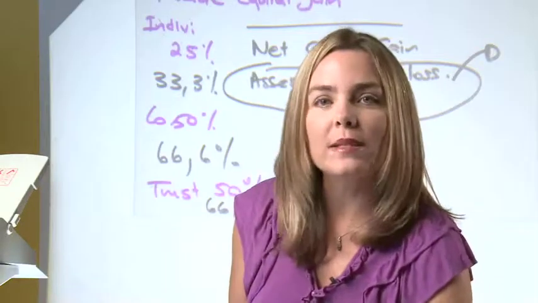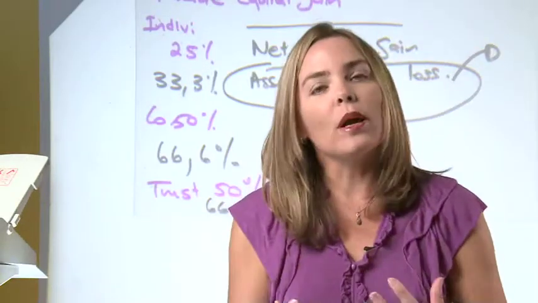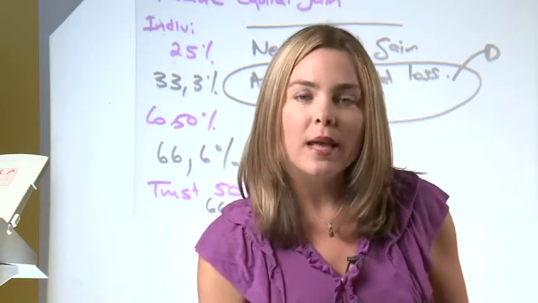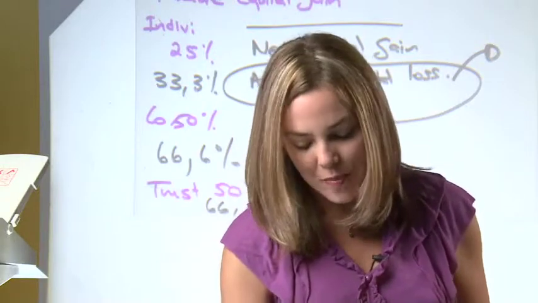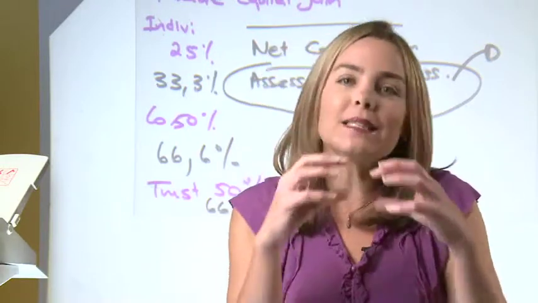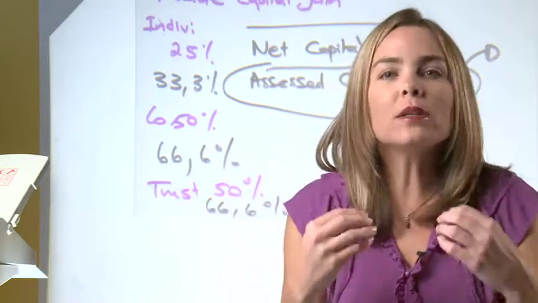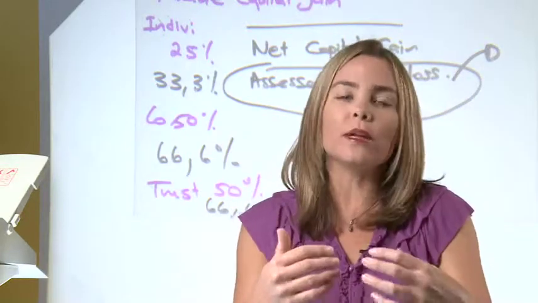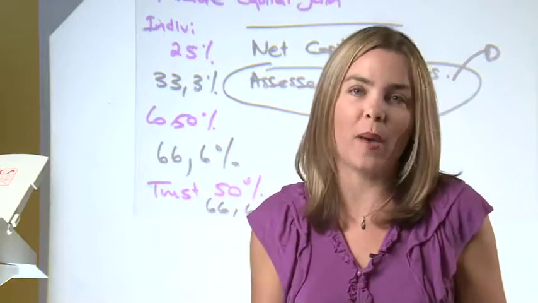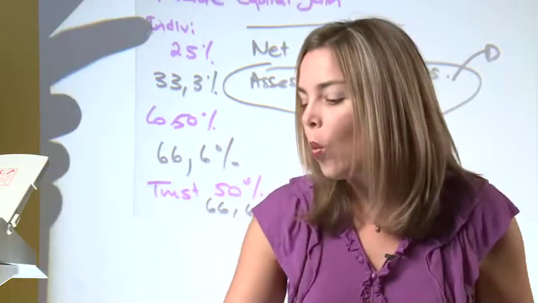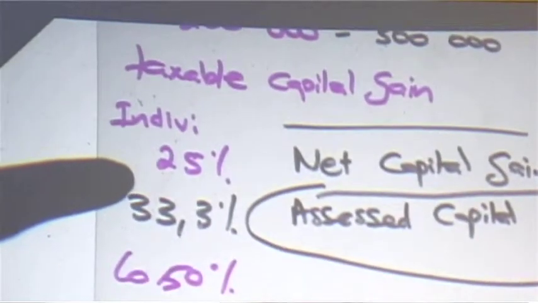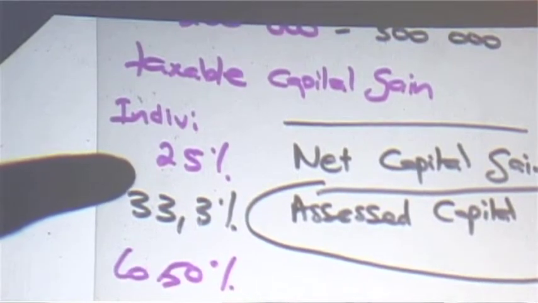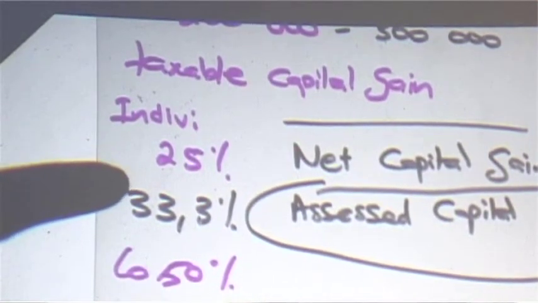Now remember, what we said is that if we look at these inclusion rates that are applied to a net capital gain to make that net capital gain a taxable capital gain, those taxable capital gains were then included in taxable income of the taxpayer. So therefore, once the taxable capital gain was included for an individual, that individual would then pay their normal tax rate on that taxable capital gain in their taxable income.